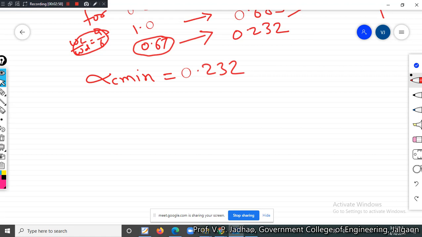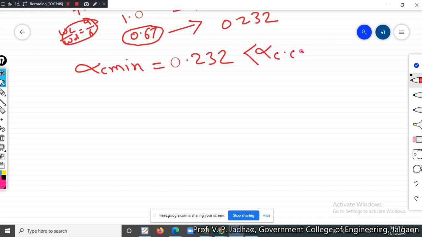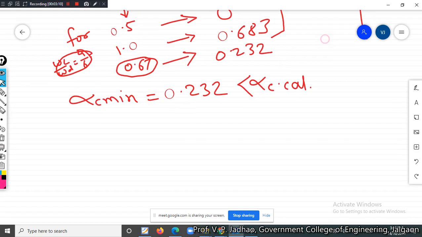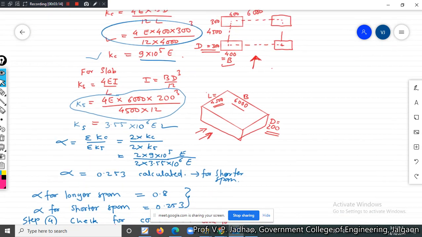So we had calculated the value of alpha C minimum here, and this value of alpha C minimum is less than alpha C calculated, which we have already calculated in this step for the longer span.